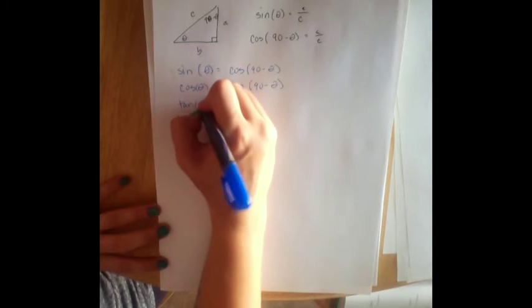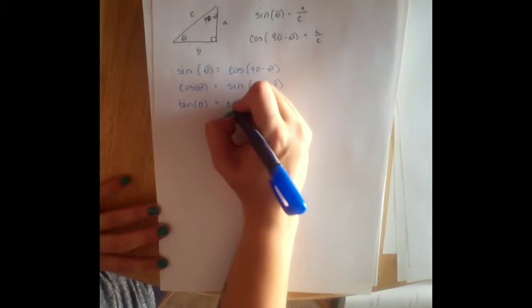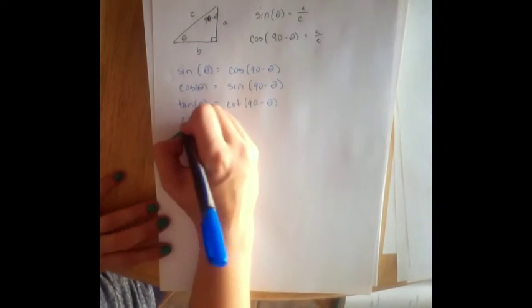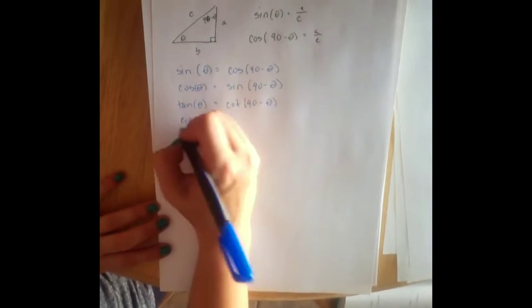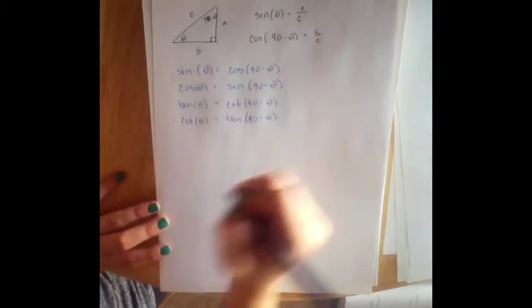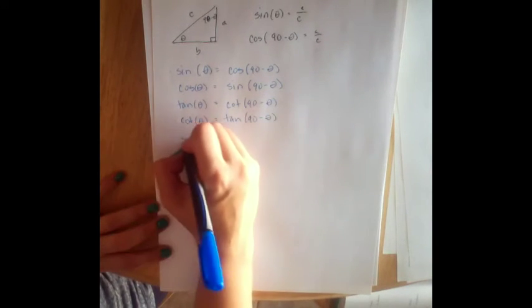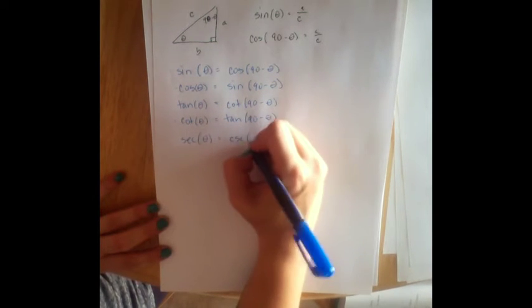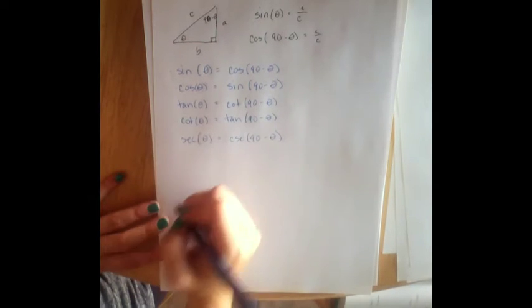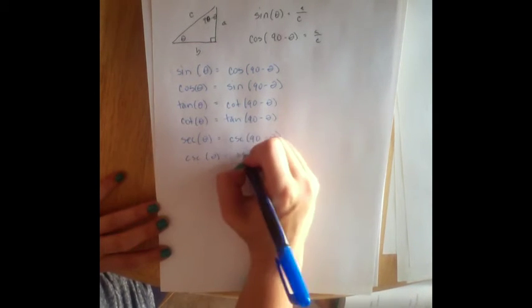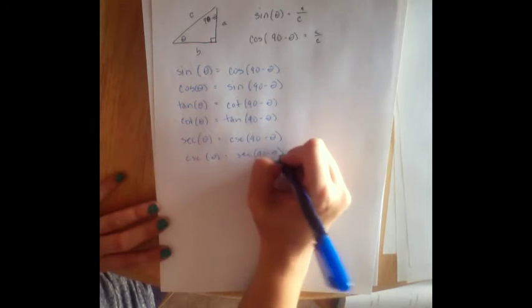We also can say that the tangent of theta is equal to the cotangent of 90 minus theta. The cotangent of theta is equal to the tangent of 90 minus theta. And secant of theta is equal to the cosecant of 90 minus theta. And cosecant of theta is equal to the secant of 90 minus theta.